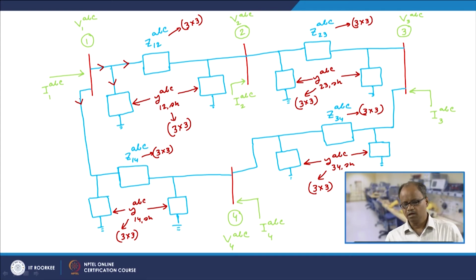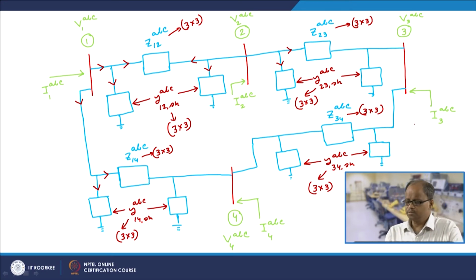Similarly, I2 ABC is essentially equal to this current plus this current plus this current plus this current, because I2 ABC is this current plus this current, and this current is this current plus this current. Now this current is basically equal to this current plus this current. So I1 ABC is equal to this plus this plus this plus this.